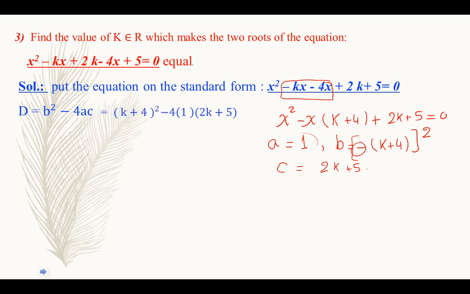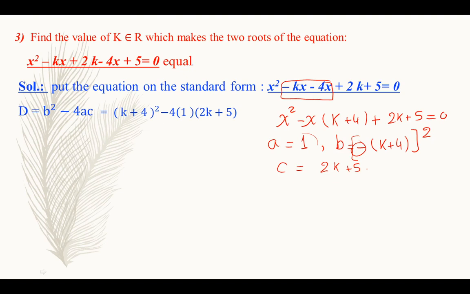Here I simplified quickly and wrote, instead of negative (k plus 4) all squared, (k plus 4)², because I know that the power 2 will cancel the negative sign.